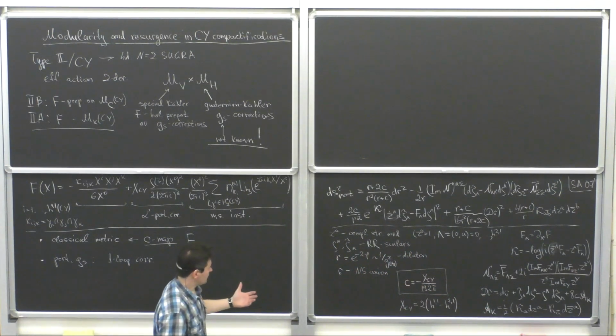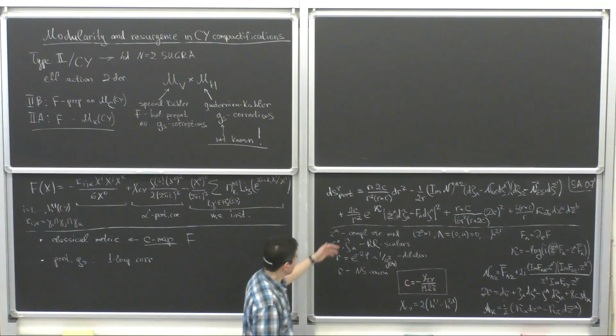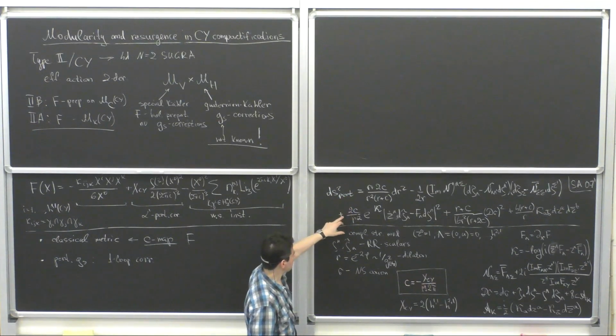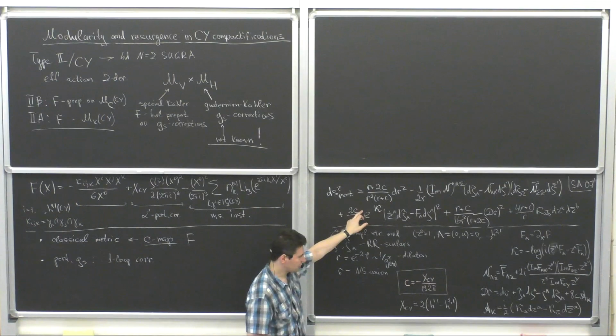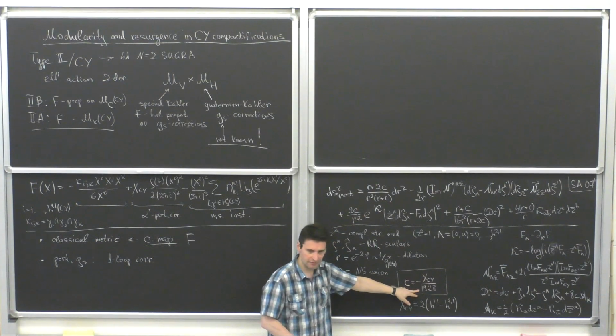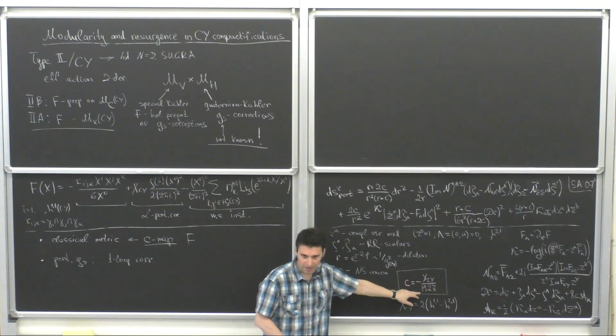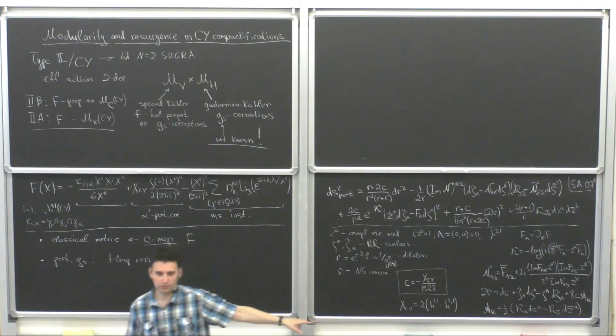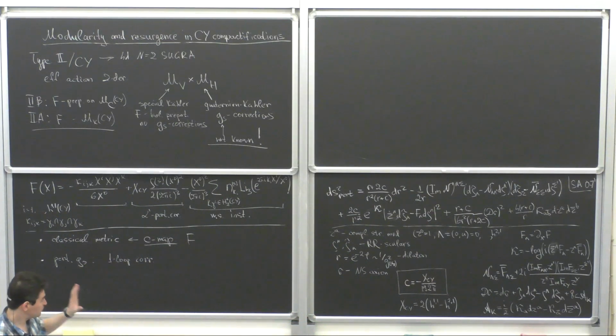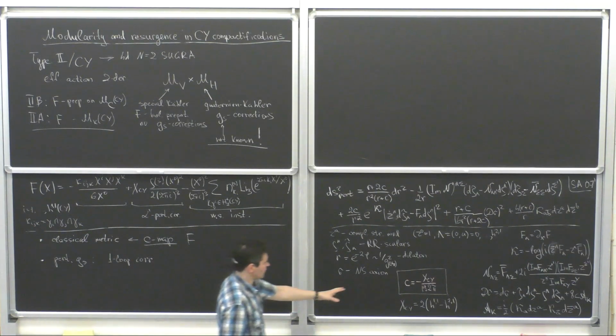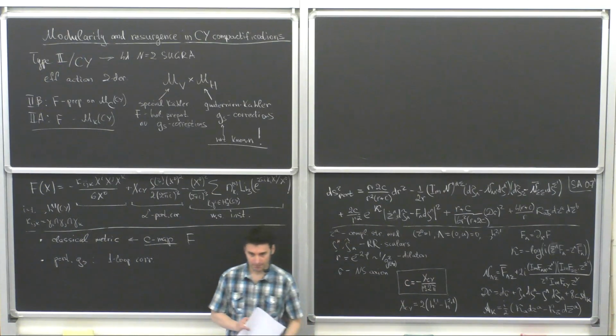Most importantly, you see that this metric depends on a parameter c, which is just a number determined by the Euler characteristic of the Calabi-Yau, and it is this parameter which encodes the one loop correction. So if you put it to 0, you reproduce the classical c-map metric. Otherwise, it's this non-vanishing number.